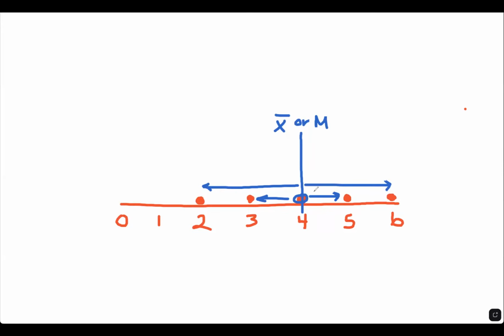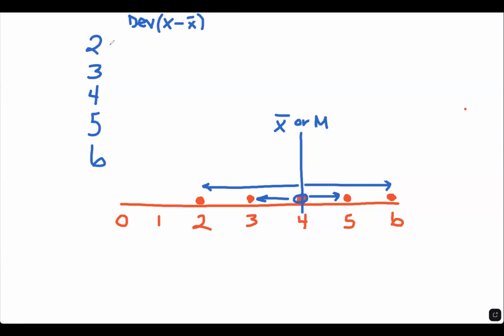If we were to look at the deviations from the mean, we have a 2, a 3, a 4, a 5, and a 6. Deviations from the mean, I'm just going to say DEV, that would be X minus the mean, which in our case is 4.